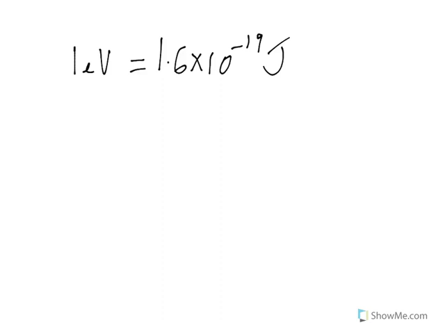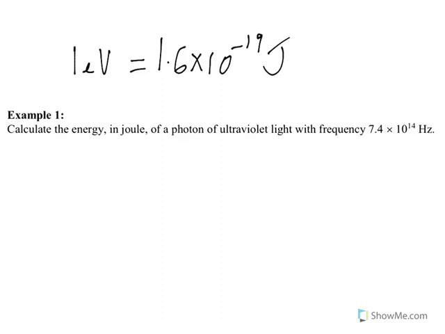So let's have a look at a couple of examples. Calculate the energy in joule of a photon of ultraviolet light with frequency 7.4 by 10 to the 14. So our energy of our photon is equal to hf.